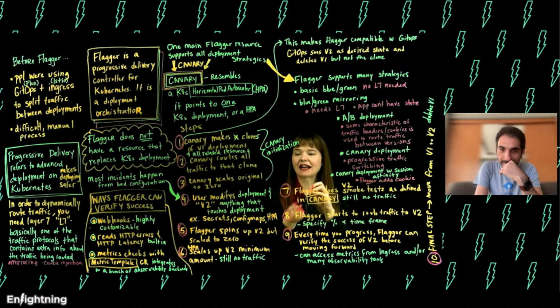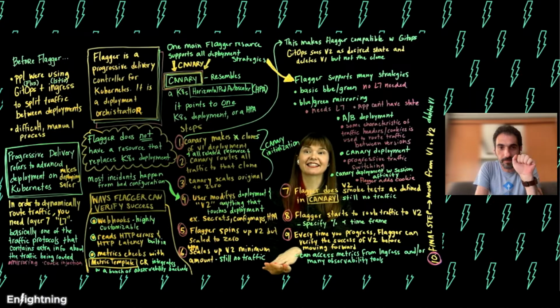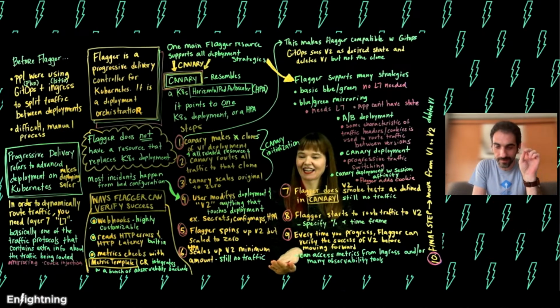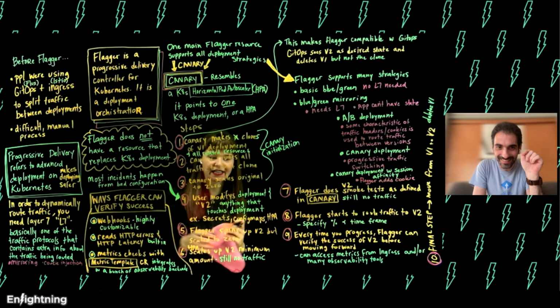And then Flagger spins up V2, but it keeps it scaled to 0. Then the HPA scales the V2 up to the minimum amount of pods that you've defined in your HPA. Yes? No, Flagger scales from 0 to 1. That makes more sense.